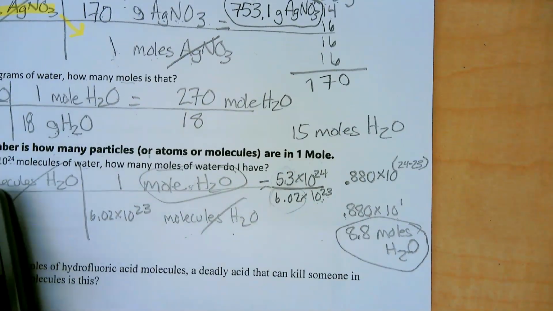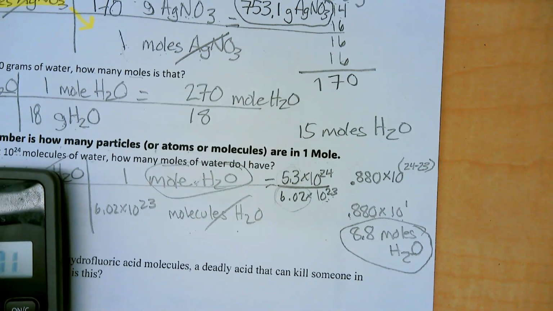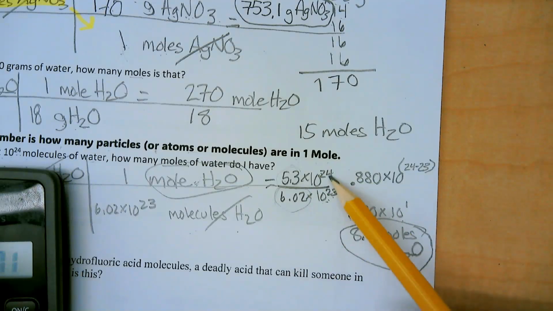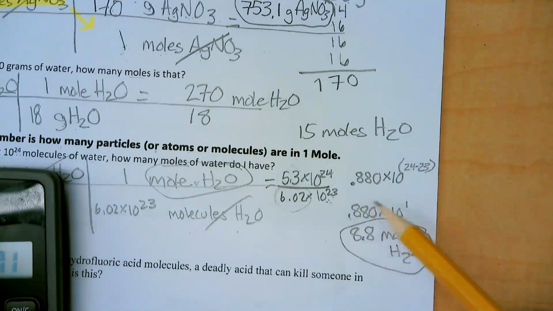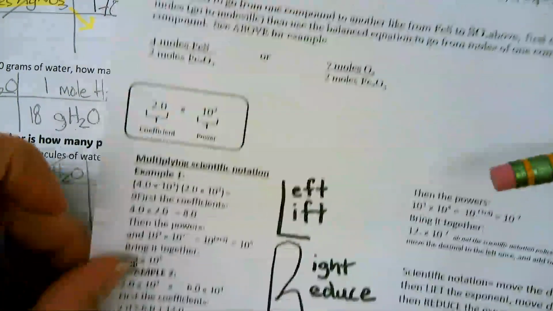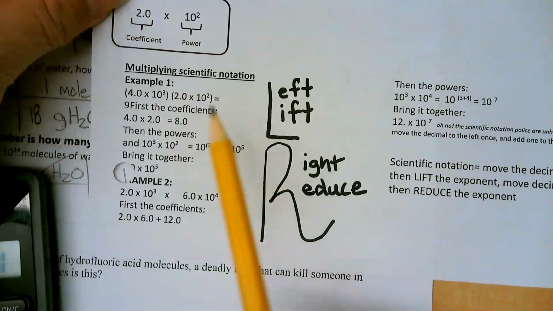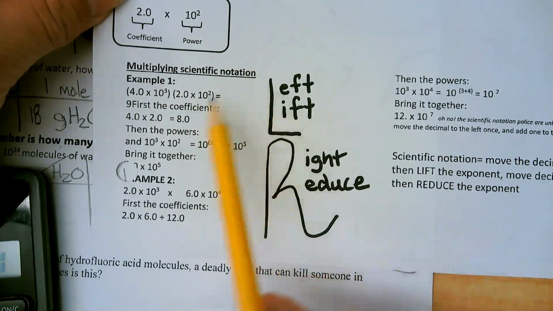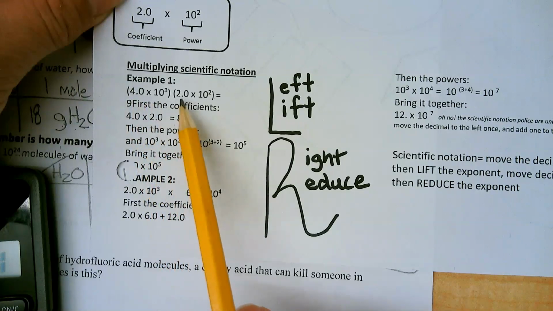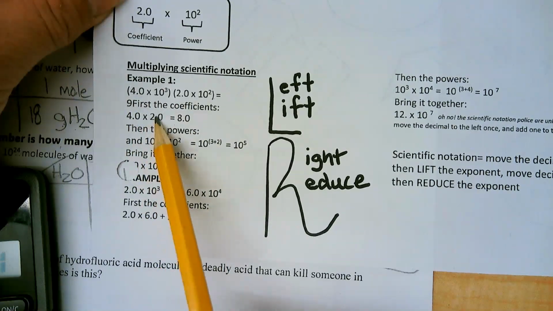Now, if you need to be reminded how to multiply or divide numbers that have these big, huge exponents in your Stoich Buddy, I did a whole section on multiplying scientific notation. When you multiply them, it's really similar. You just take the coefficients, the 4 and the 2, and multiply those times each other.